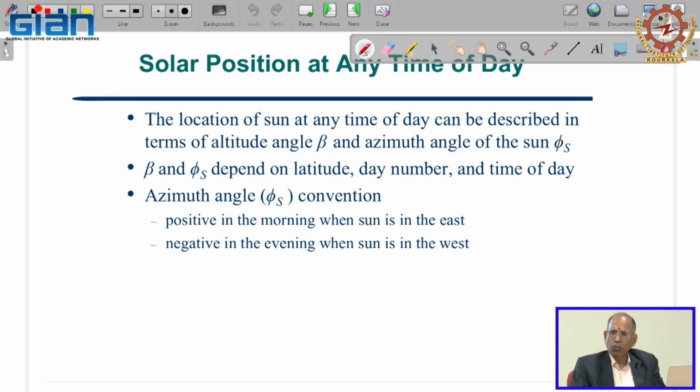The values of beta and phi s will depend on other quantities: the latitude, the day number and the time of the day. Regarding this azimuth angle phi s, what is the convention? This angle will be positive in the morning when the sun is in the east, and negative in the evening when the sun is in the west.